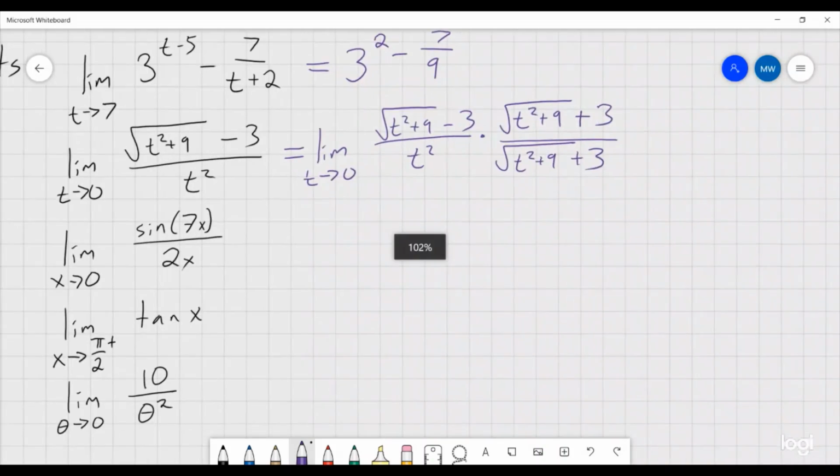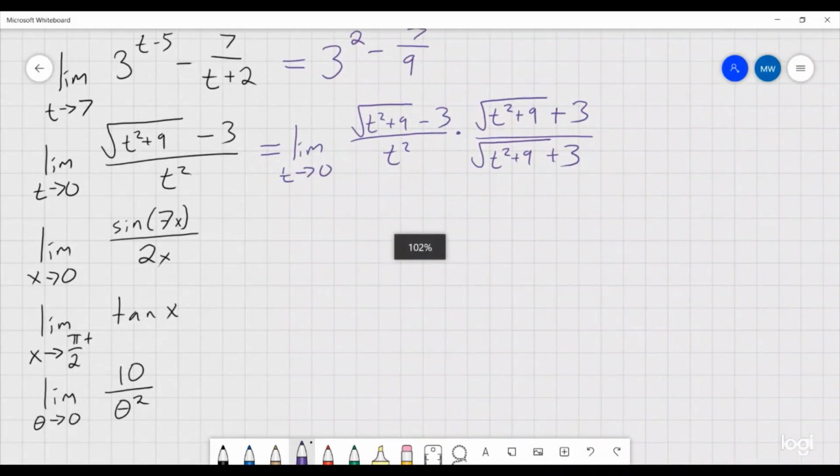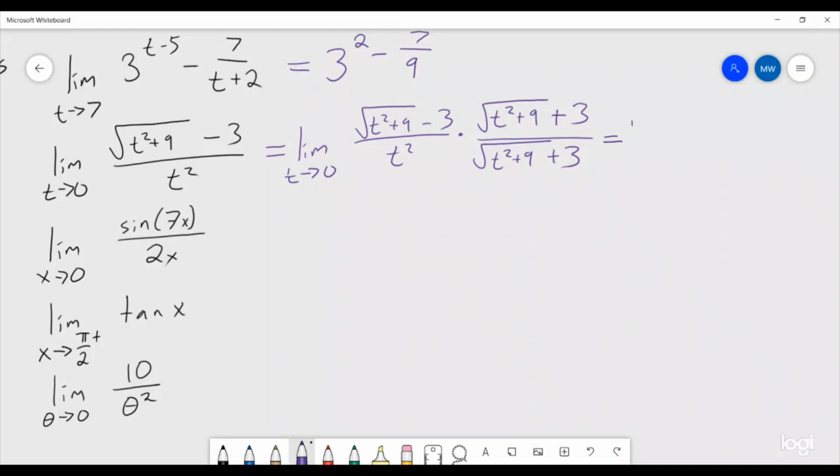When we go through and do this, this turns the first limit into the limit as t goes to 0 of, when we multiply the top, t squared plus 9 minus 9, those plus and minus 9s cancel, over t squared times the square root of t squared plus 9 plus 3. Now the t squareds cancel.